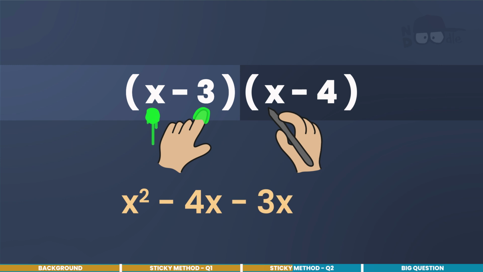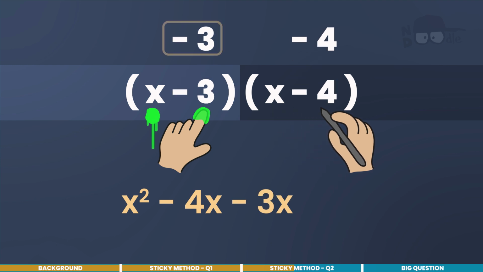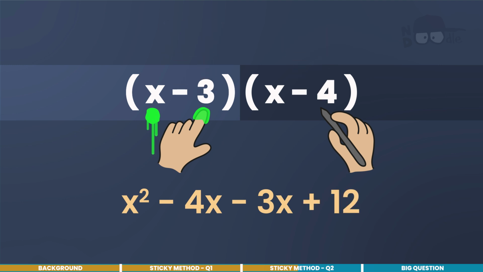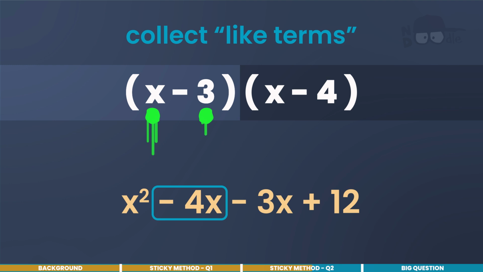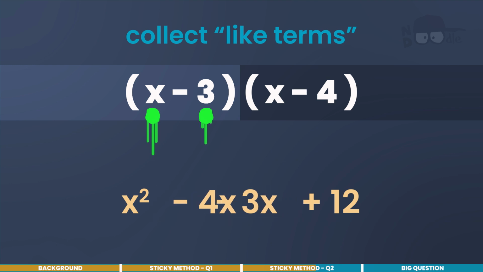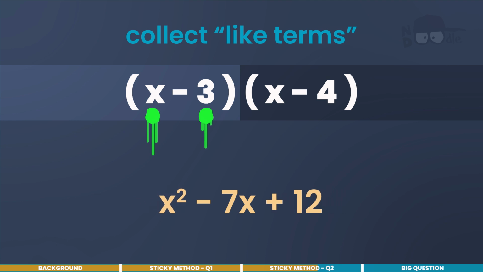Let's move our pen along, and -3 times -4 is +12, because we've got a minus times a minus, which becomes a plus. We now have our expanded terms and no brackets. The final stage is to collect like terms together. We have -4x here and -3x here, so these combine to give -7x, and our formula is finished.